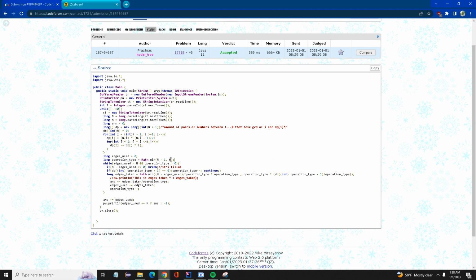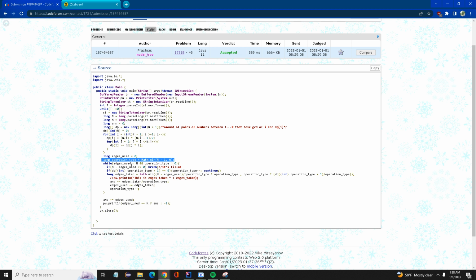And then you want to keep track of the edges used, and the operation type. This is a nuance you have to think of in the code, at least the way I coded it.